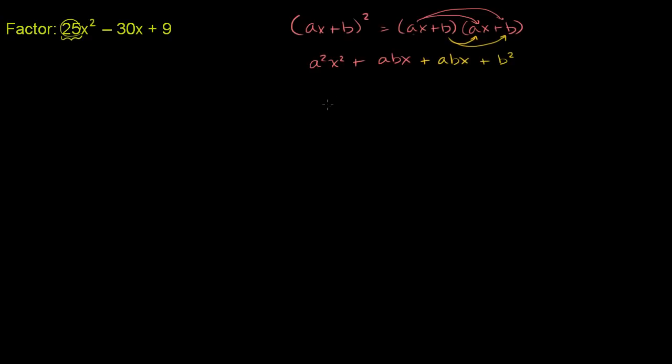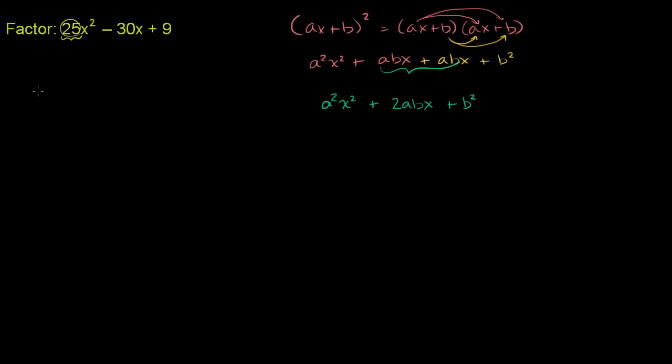So this is equal to a squared x squared plus, these two are the same term, 2abx plus b squared. So this is what happens when you square a binomial.